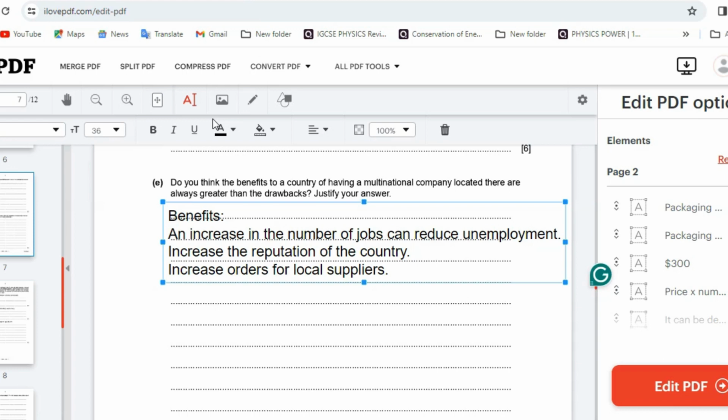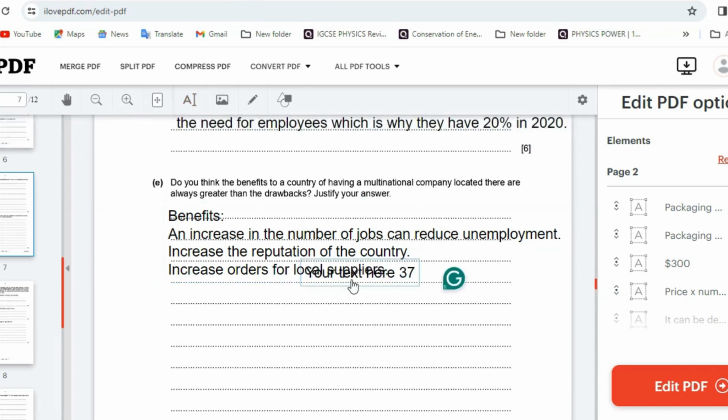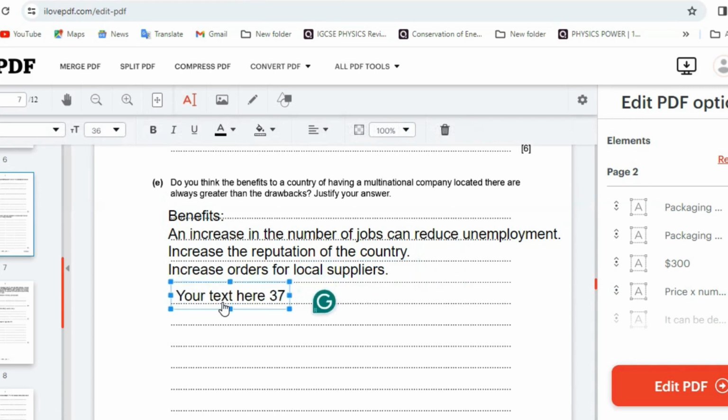Of course, one of the drawbacks is increase in the competition. Yes, okay, let's put the drawbacks first. The first one is increased competition.